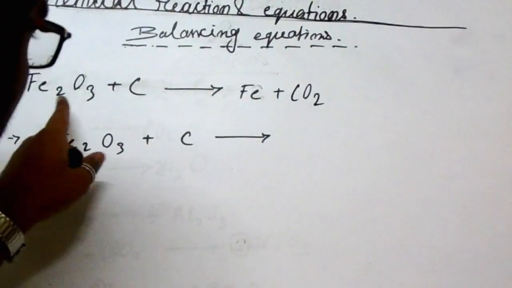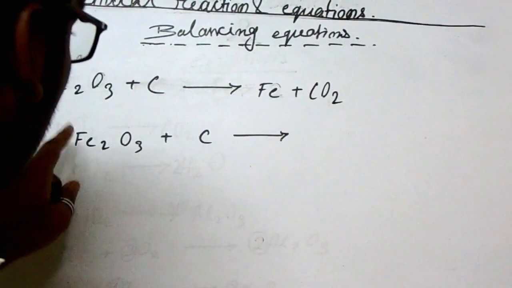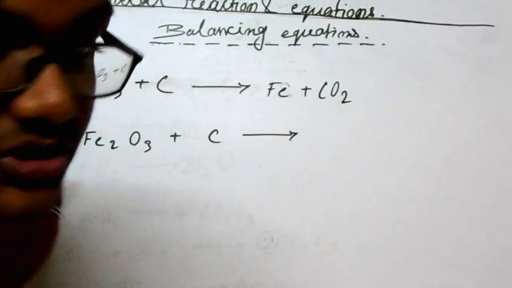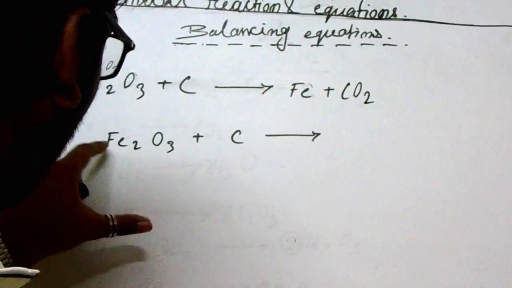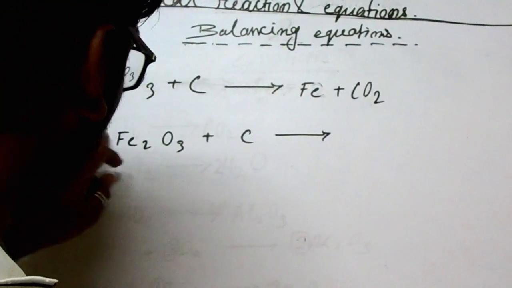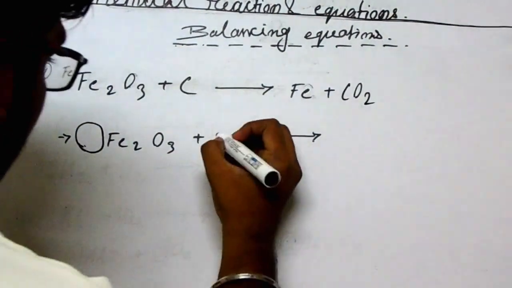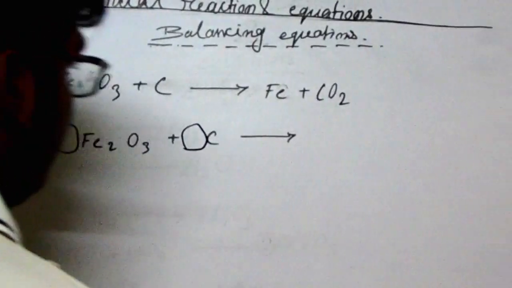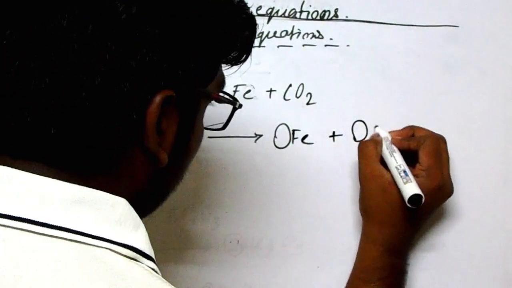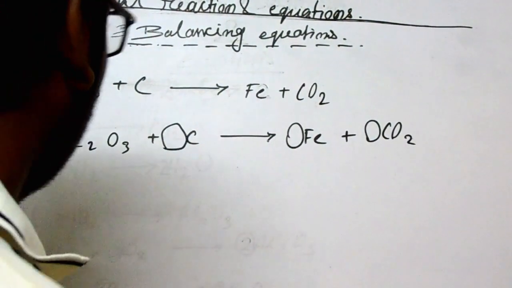First you will write this reaction Fe2O3 plus C, but you will keep some spaces before the elements of the products, a little gap, where you will write the number. Fe plus CO2. Now you can balance it very easily.